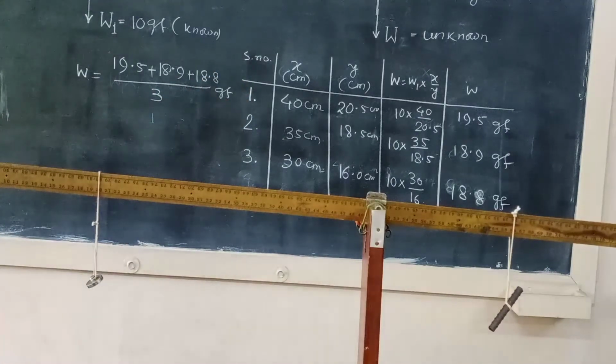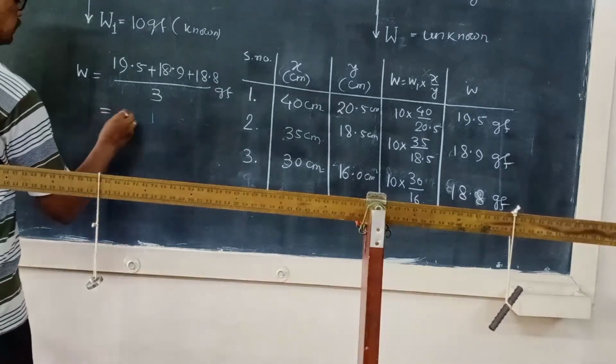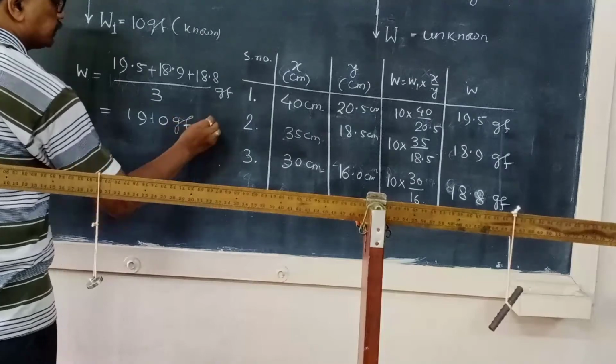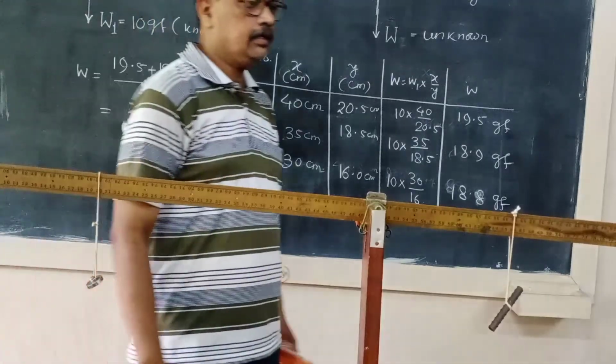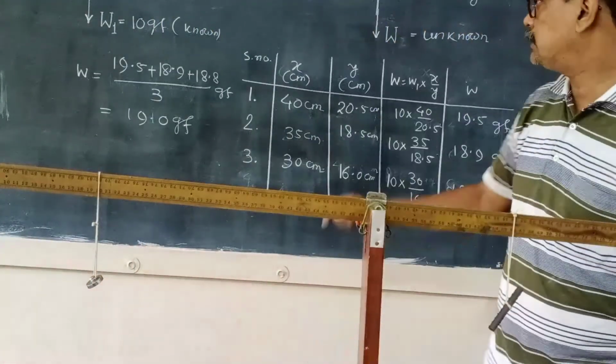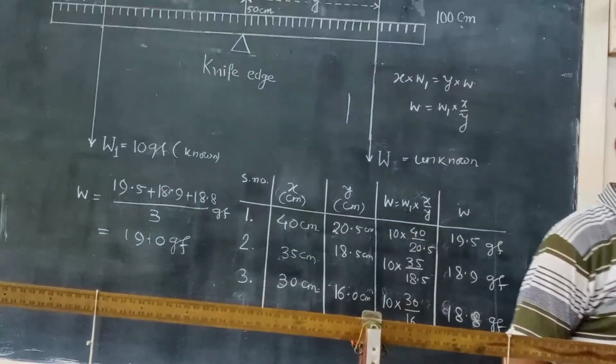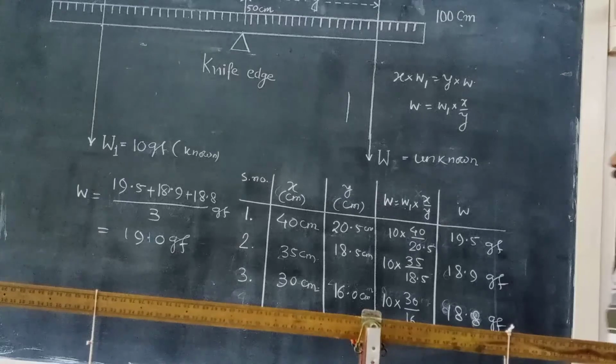If you average it, the result is coming 19.0 gf, which is approximately the unknown weight. That is, the value of this unknown weight W is nearly equal to 19.0 gf.